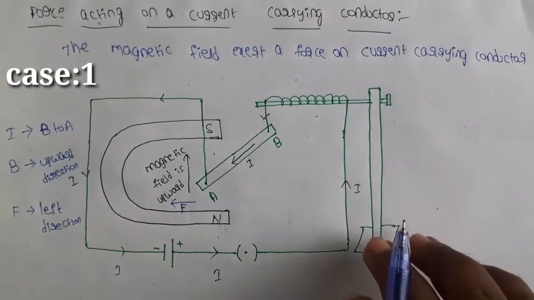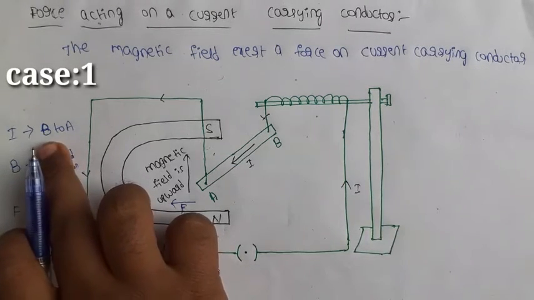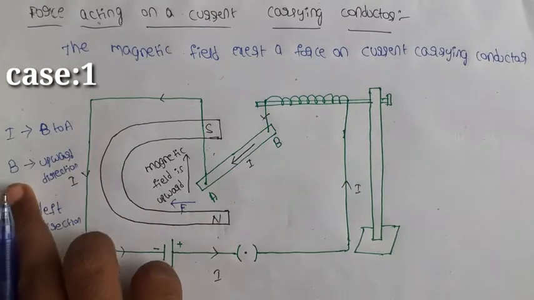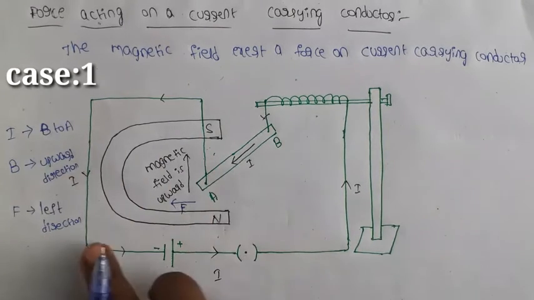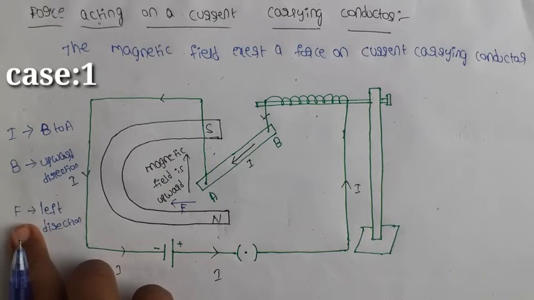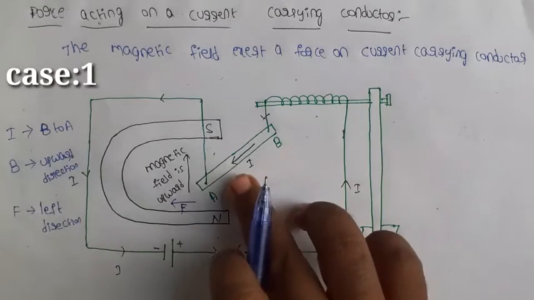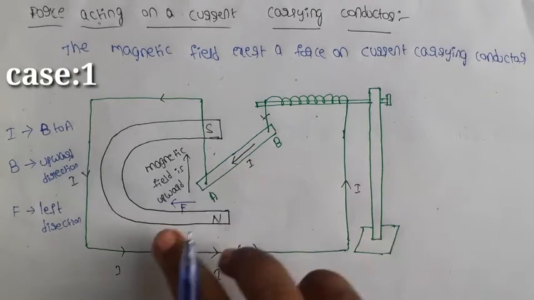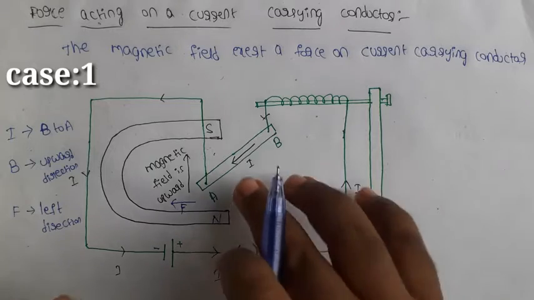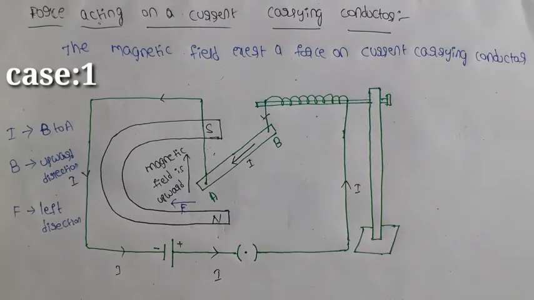When current is moving from B to A and the magnetic field is upward, the force acting on this conductor will displace it towards the left. For example, I am changing the battery connection.